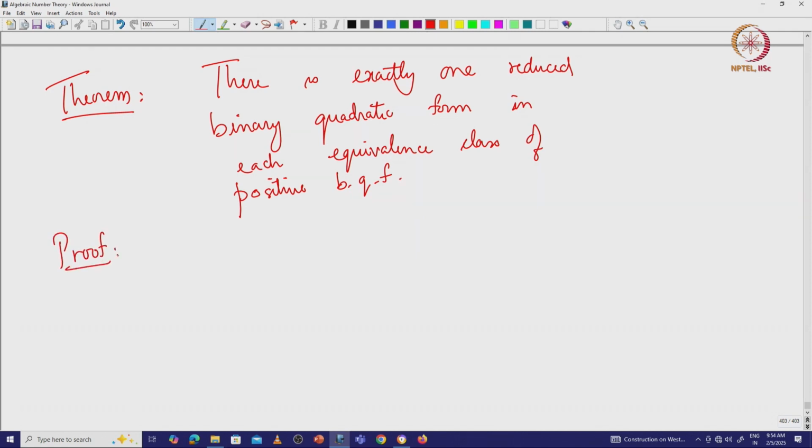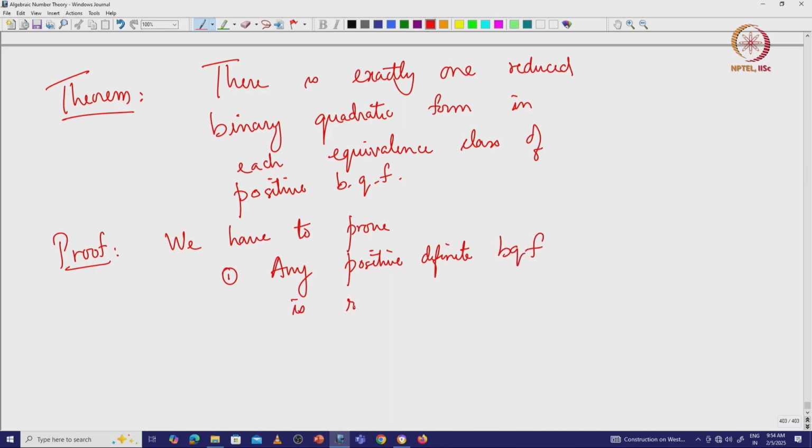Okay. So, we need to prove two things. We have to prove one, any positive definite binary quadratic form is equivalent to a reduced one, and two, no two reduced binary quadratic forms are equivalent.